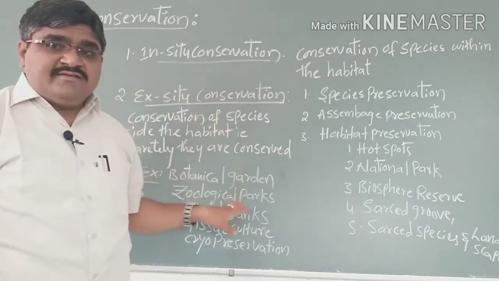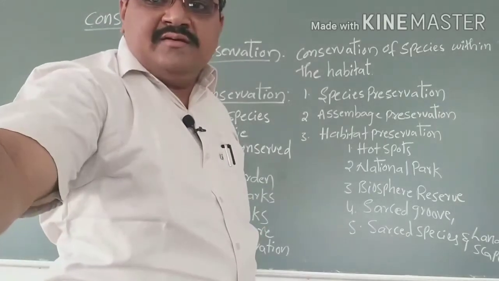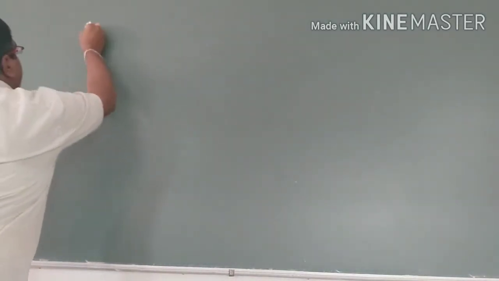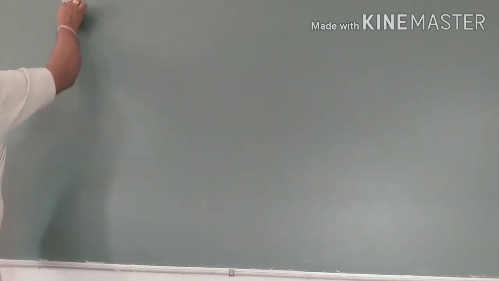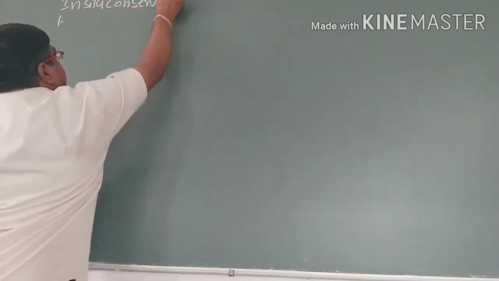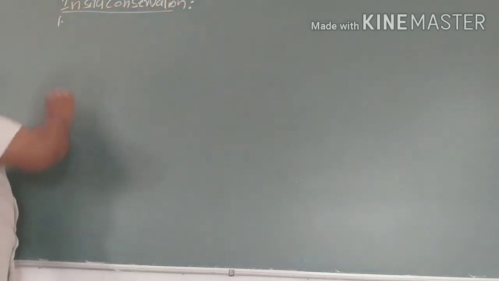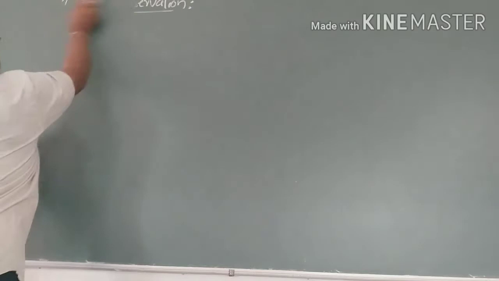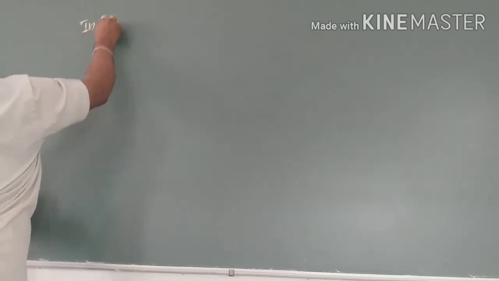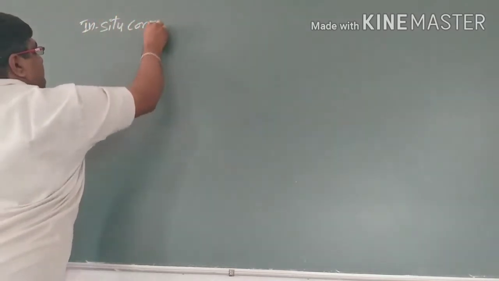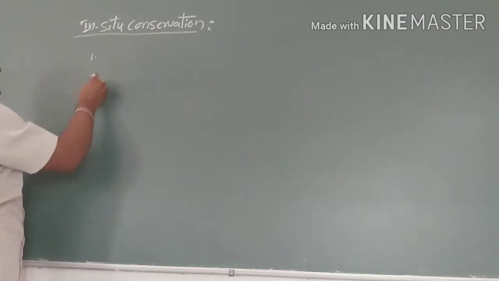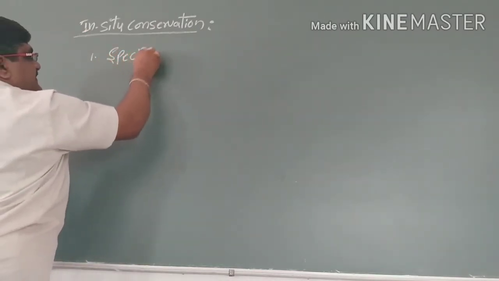Now one by one we will discuss this topic. Coming to the first one, in situ conservation, the first type is species preservation.